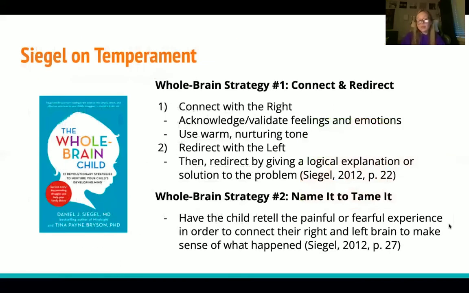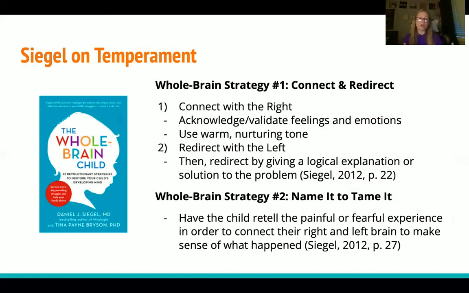And then last, I'm just going to discuss some of the strategies we discussed in class from Siegel. A couple strategies that are proven to be somewhat helpful with tantrums and temperament are the whole brain strategy number 1, connect and redirect. The first step is to connect with the right brain.